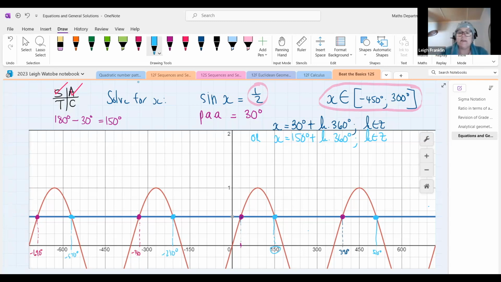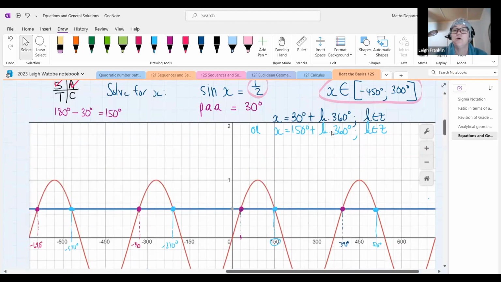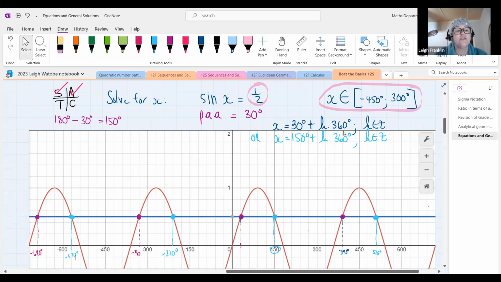So you can see there are two general solutions that are giving you answers on this curve, either where your angles are negative or where your angles are positive. But we only wanted between minus 450 and 300, didn't we? So anything that's smaller than minus 450 is too small, and anything that's bigger than 300 is too big.